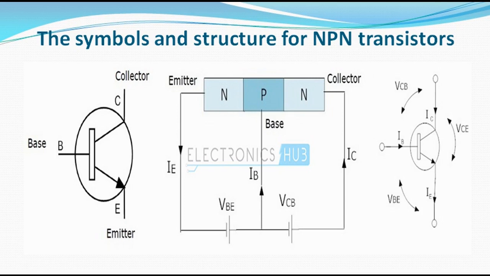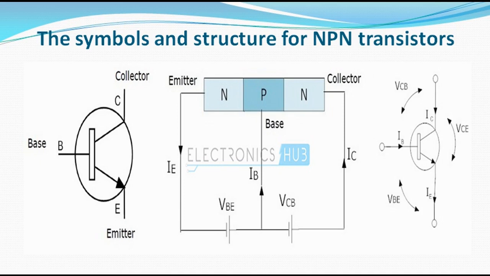So let's go straight to the PNP aspect of it. That is what we are discussing now. PNP simply means positive, negative, positive. It's similar to the NPN, but in PNP the base is negative.